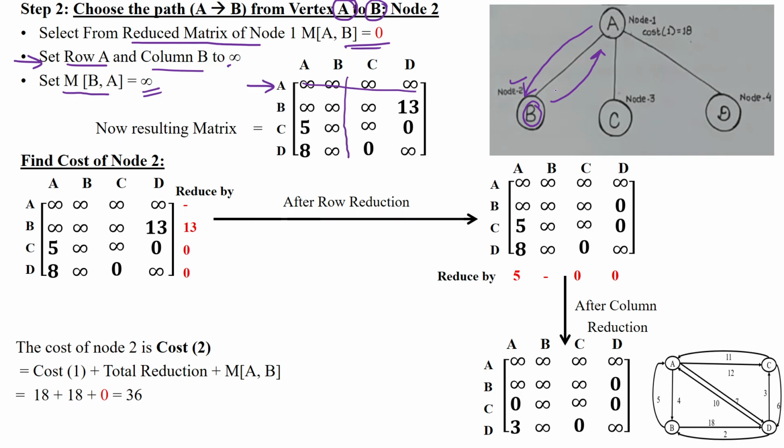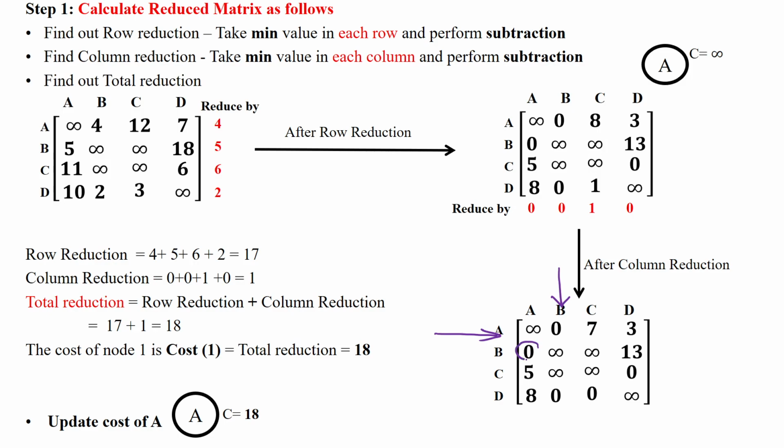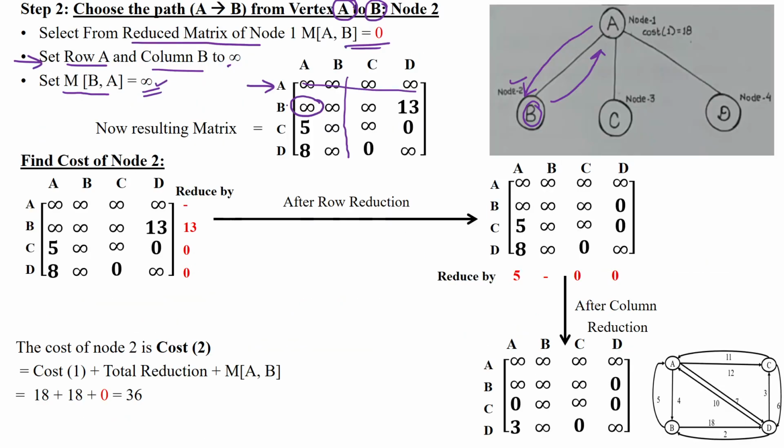We cannot visit two times, only one time you have to visit. So we have to make this position infinity. B comma A is this position. Earlier that value was 0, now we are making this position infinity. After that we got the cost matrix with these values.